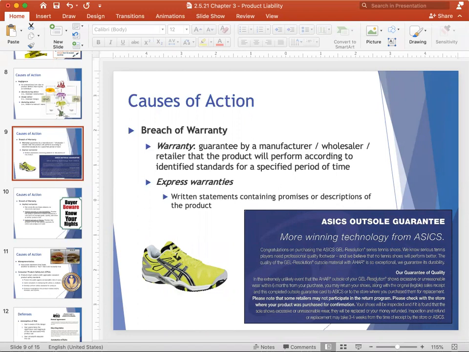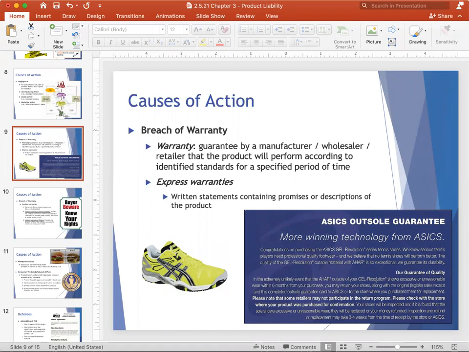So the warranty is part of the contract between the seller and the buyer. And it's often what the buyer really relies upon when evaluating a product and when purchasing that product. If a breach of warranty occurs, it falls under the Uniform Commercial Code in terms of what information needs to be included in a warranty.